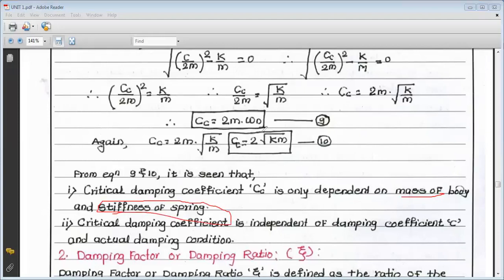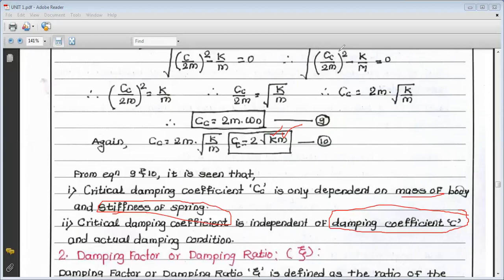It depends on k, that is stiffness, and m, the mass. So the critical damping coefficient Cc is only dependent on mass and stiffness. It is independent of the damping coefficient C and the actual damping condition.